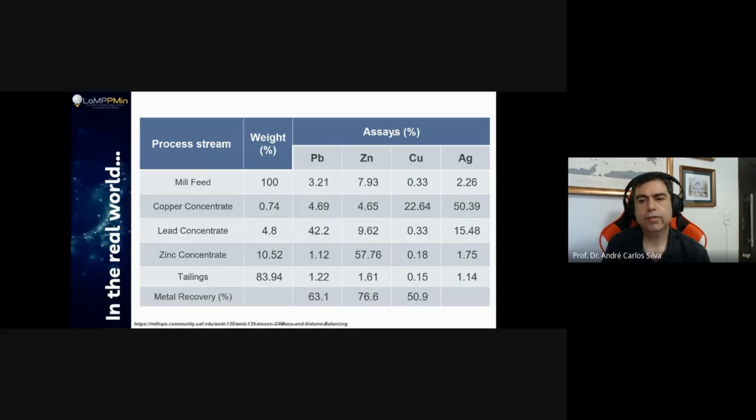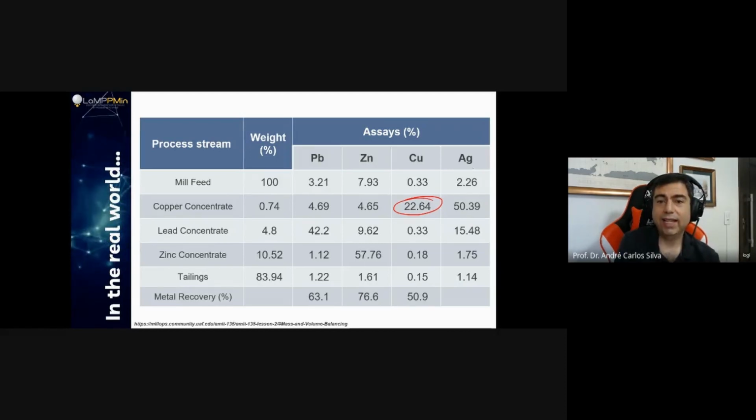As you can see over here, we're going to produce a copper concentrate with 22%. I'm just going to round this to 22%. And I'm going to end up having something like 50% of silver on this copper concentrate. I know it's a lot, and I'm going to remove this later on in the hydrometallurgy or pyrometallurgy, depending on your route.